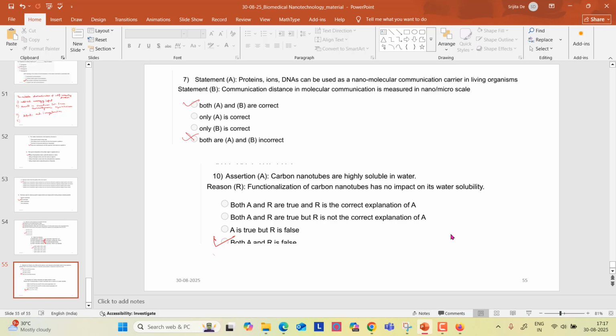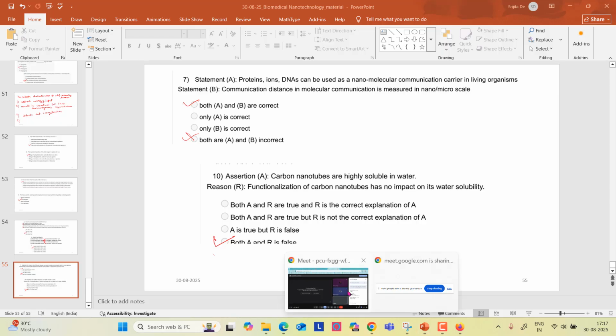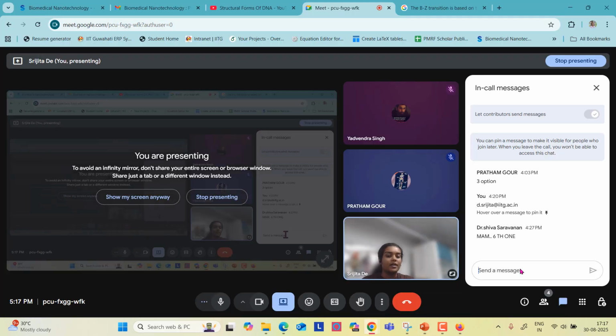Okay. So this is now for today. You can also share your mail ID. Pratham: Yes, ma'am, I'm just sending you the mail. Okay, almost done. So we'll connect on the mail and clarify. I sent you the mail, ma'am, please check once.